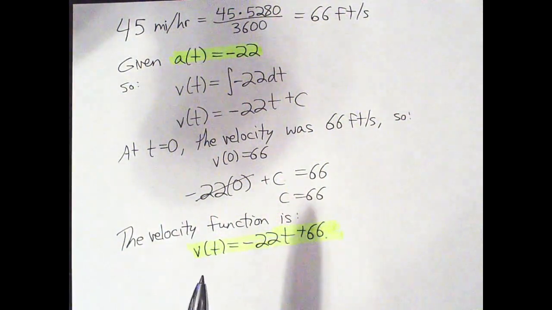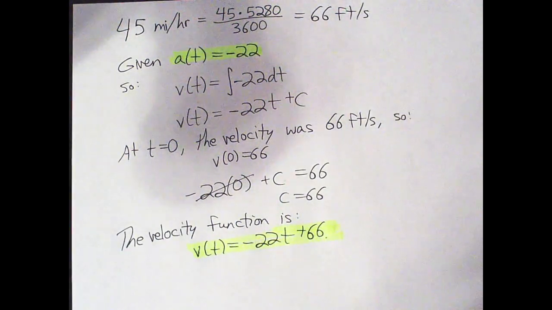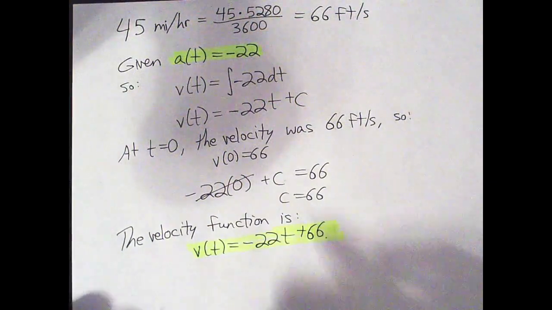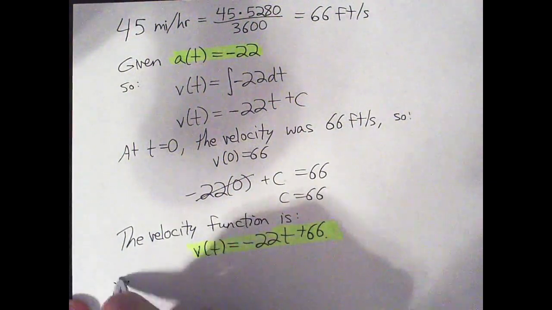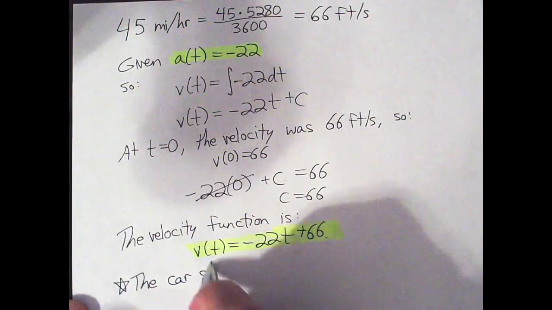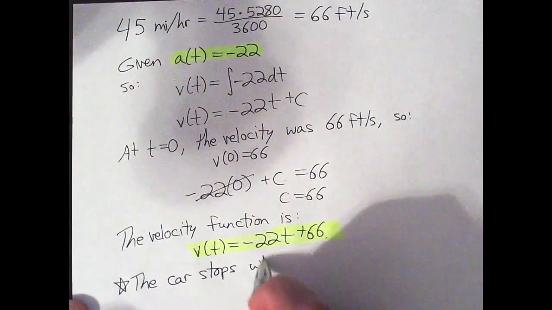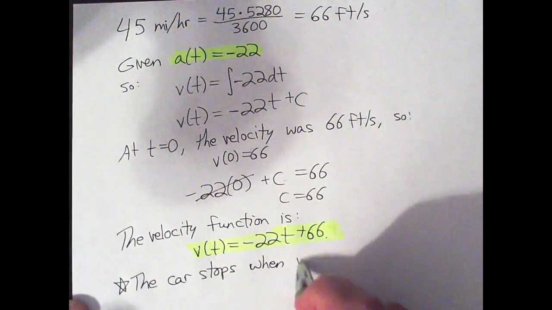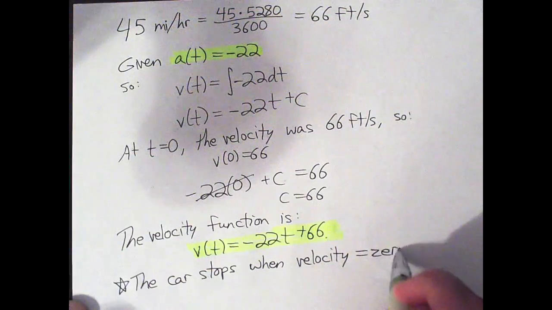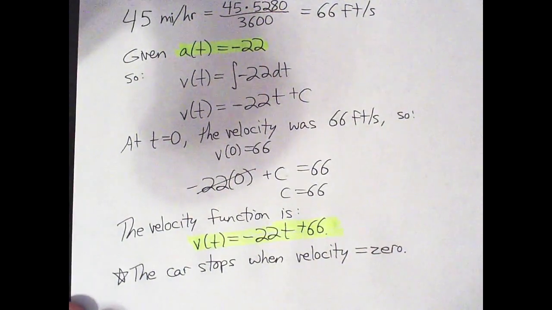Now, before we go any further, let's take another look at the question. What is it really asking us? It says, how many seconds will it take for the car to stop? That seems like a question about velocity, doesn't it? I wanted you to notice that the car stops when its velocity equals 0.